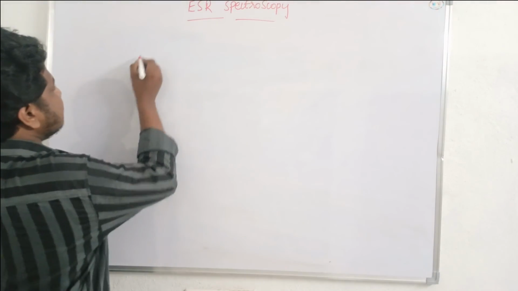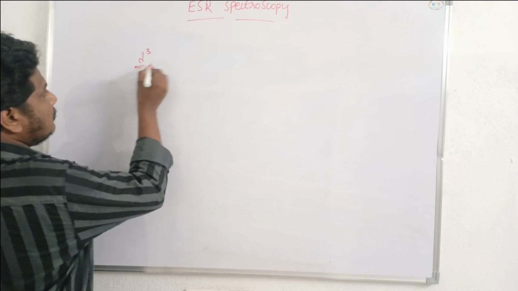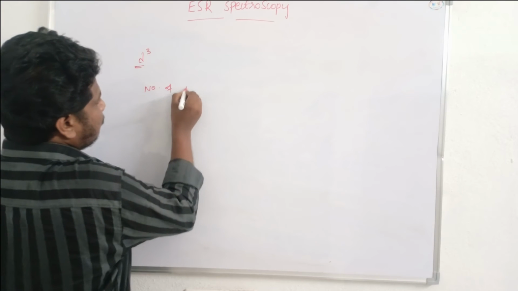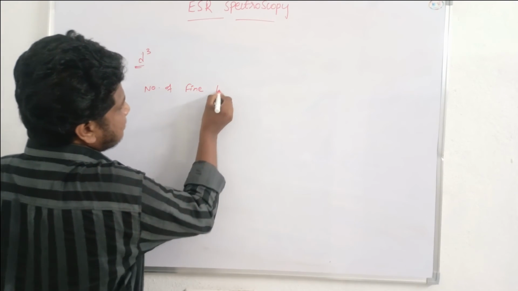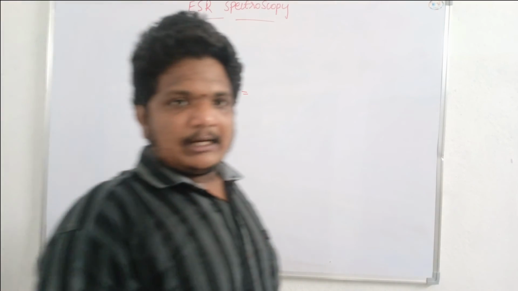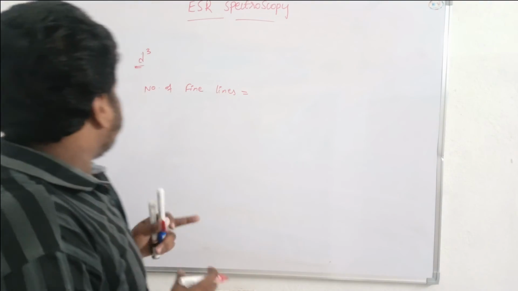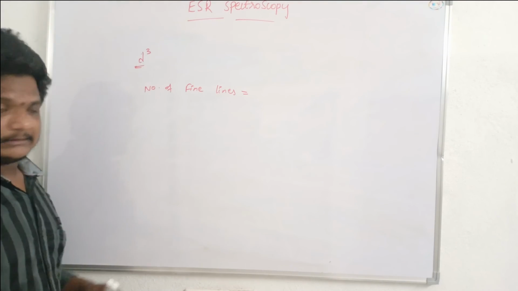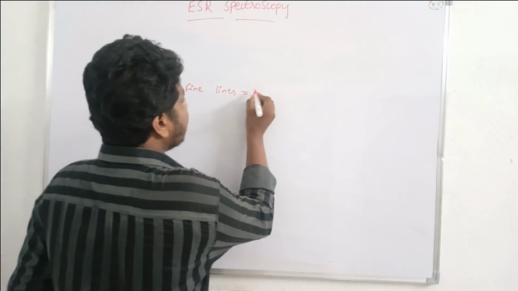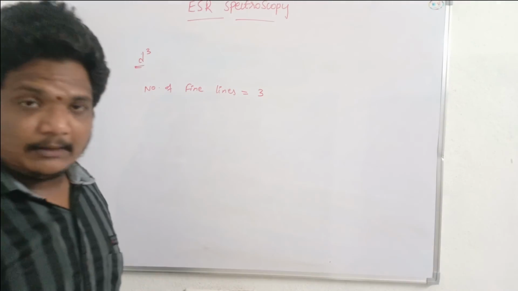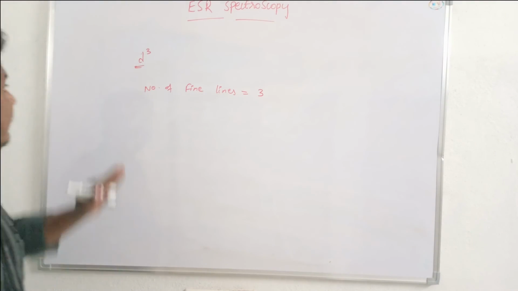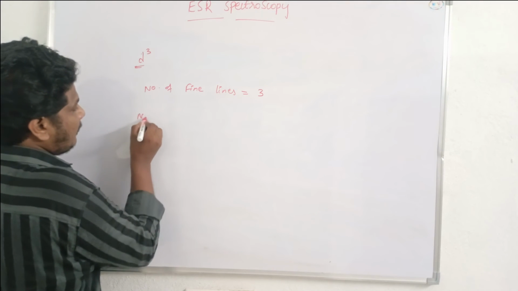The number of fine lines is equal to the number of unpaired electrons. Here the number of unpaired electrons is 3, so we can observe 3 fine lines in the case of the D3 system.